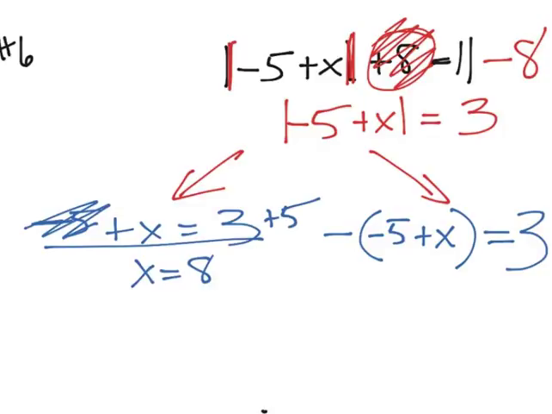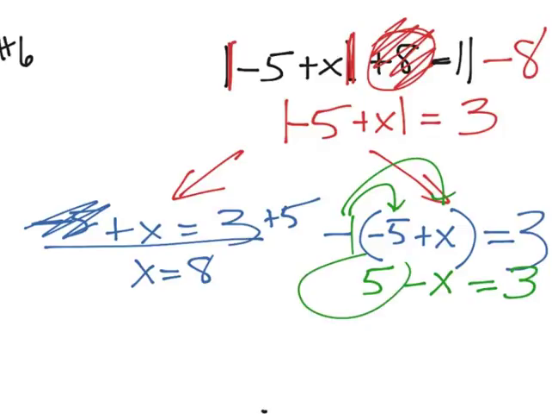What do I do over here? Well, this is like a negative 1, isn't it? So I have to distribute it. So that's positive 5, negative 1x equals 3. All right, I have an add 5. That's not a minus 5. This is 5 minus x. So I have an add 5. And if I move it, it's a negative 5, isn't it?